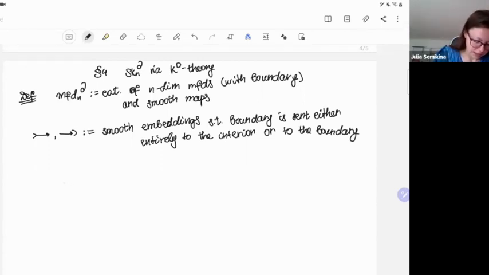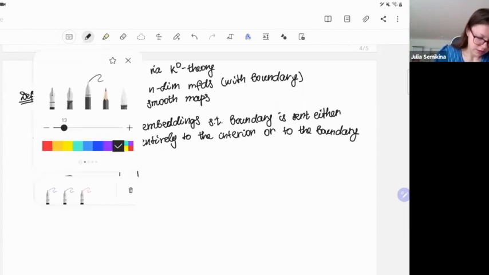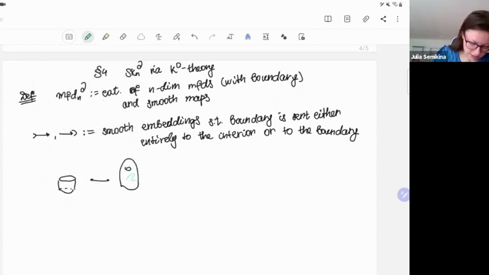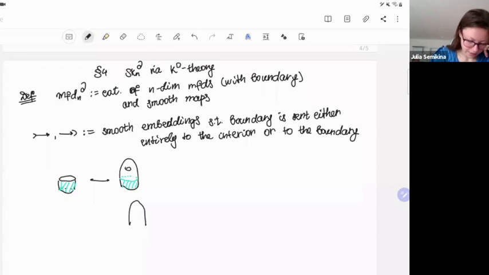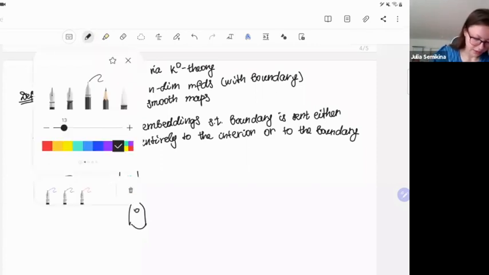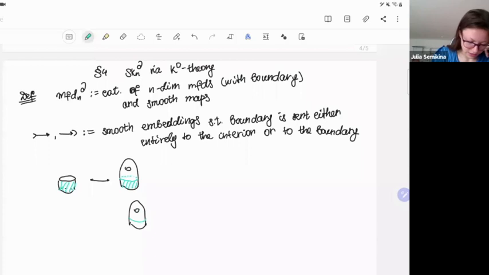It means that if you have an embedding, what is allowed? It is allowed that it goes like this. So this is fine. This cylinder just goes to this part. Also, it would be fine if this cylinder entirely goes to the interior. So this is also allowed.